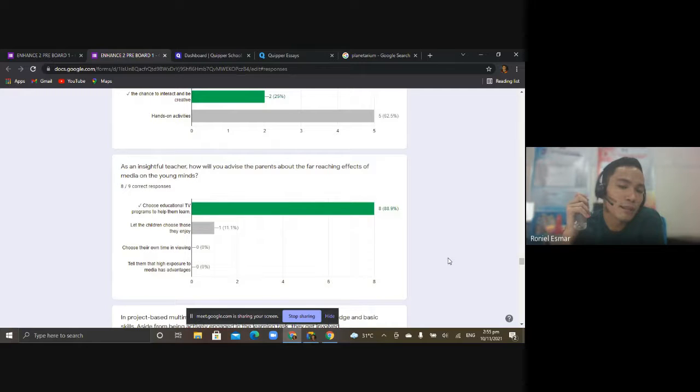It should be disadvantages because although there are benefits we can get from being exposed to media, such as communication, where we can communicate with people from other countries and other places, too much exposure is not good. That's why it should be disadvantages. It goes against the first part of the statement.